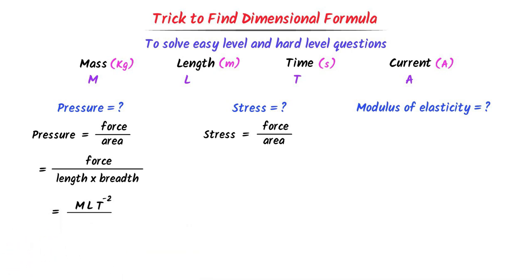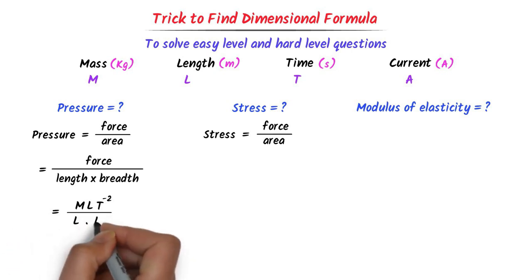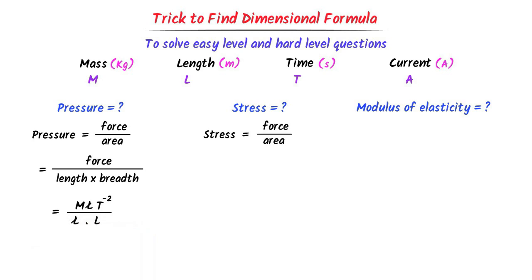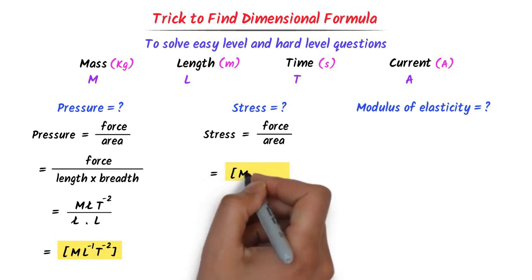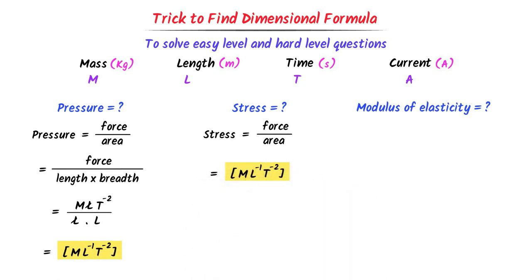The dimensional symbol of length and breadth is L and L. This L and this L squared cancel out. I get M L^-1 T^-2. Hence the dimensional formula of pressure and stress is [M L^-1 T^-2].